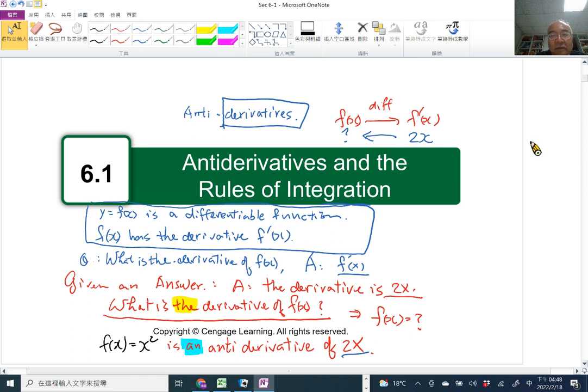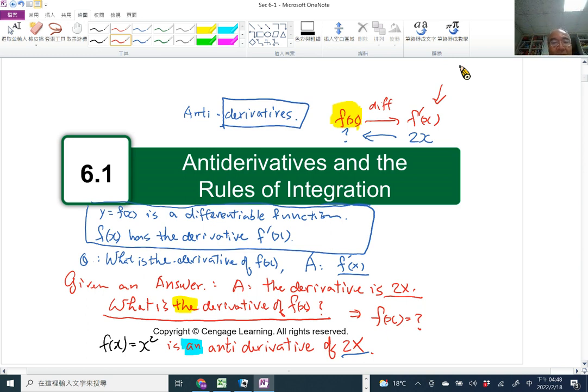And in the last semester, we actually focused on, given a function, say f of x, trying to find its derivative. So the function was given, and the question is, what is the derivative of this particular function?